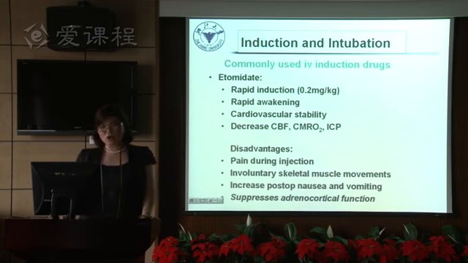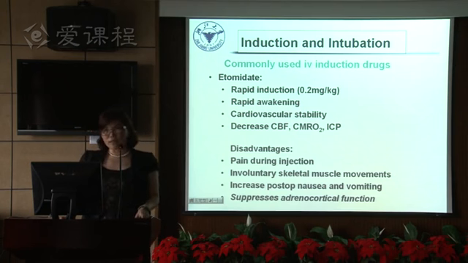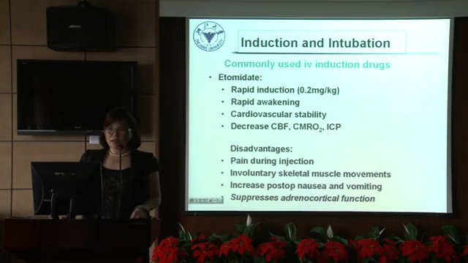And another one is etomidate. Etomidate also is a very rapid induction drug and also rapid awakening, and it can supply cardiovascular stability, so it is suitable for elderly patients or patients with some special disease or weak patients.